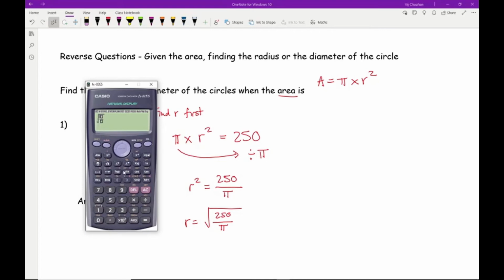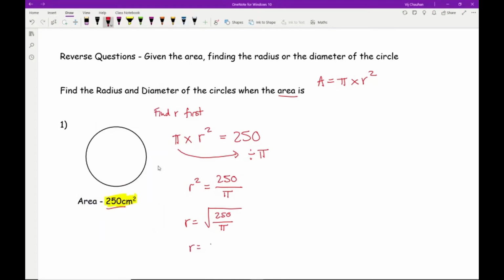Alternatively, you could put the 250 over pi in brackets and then square root it, which is absolutely fine. So I'm going to enter 250 and scroll down, enter pi, so it looks exactly how I've written it, press equals, and I get 8.92. So r equals 8.92 centimetres to 2 decimal places.